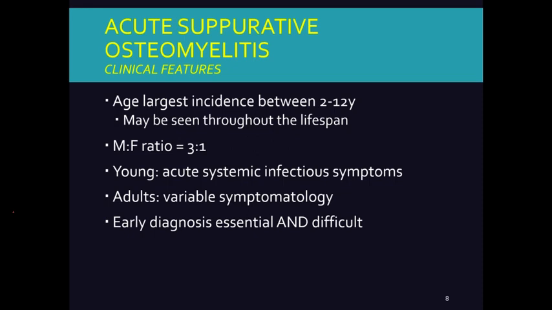Young individuals, though, because the immune system's not as well formed, tend to have a much stronger reaction to it. And then early diagnosis is essential because of how much destruction can occur in these infected areas. It can be difficult as well, especially if you're using X-ray only.